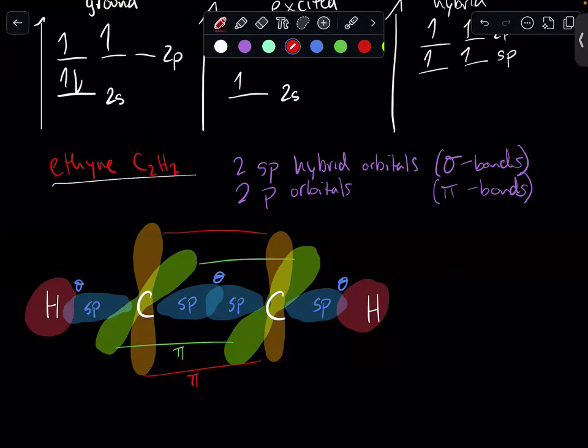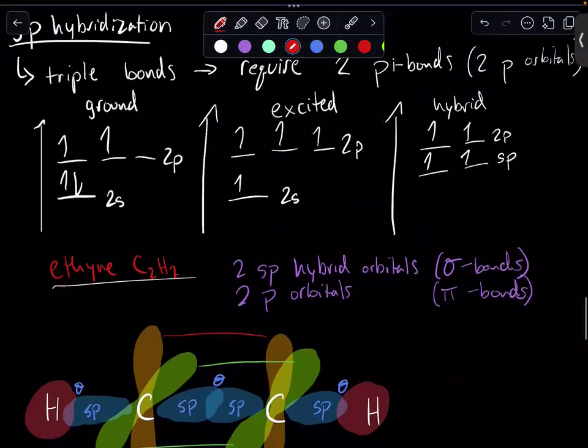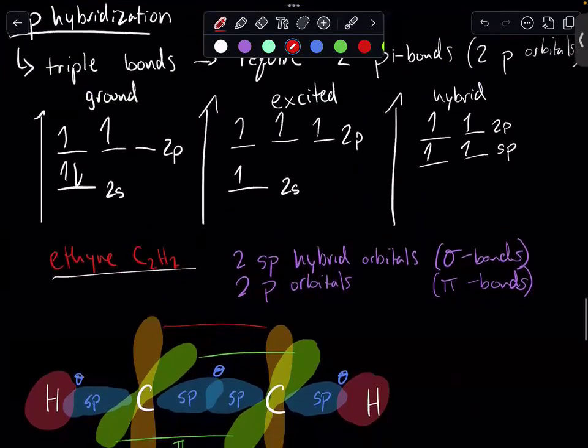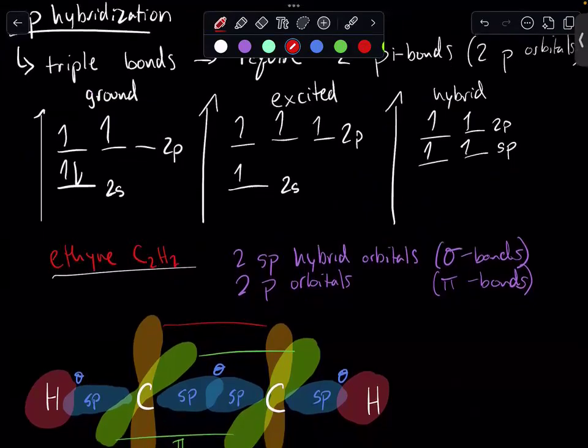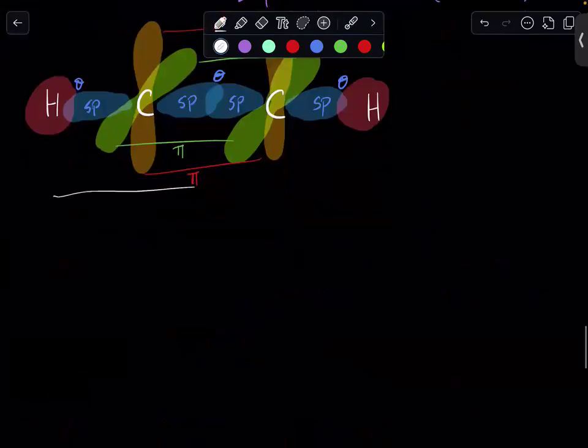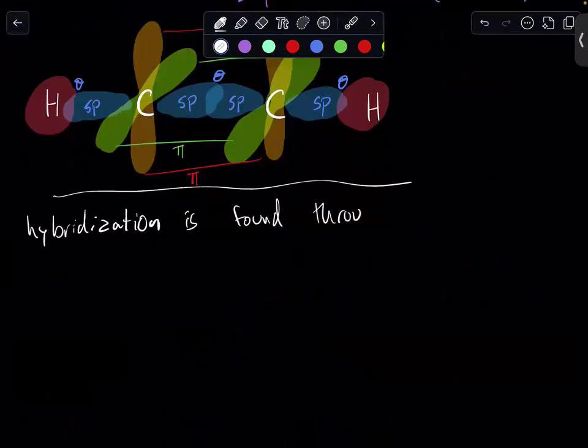So what if we don't fully know how to draw these, or maybe we aren't confident with the electron diagrams, or we're just given an element or a molecule and we are asked to figure out the hybridization? So there's an easy way to do that. The easiest way to figure out hybridization is found through electron domain geometry.